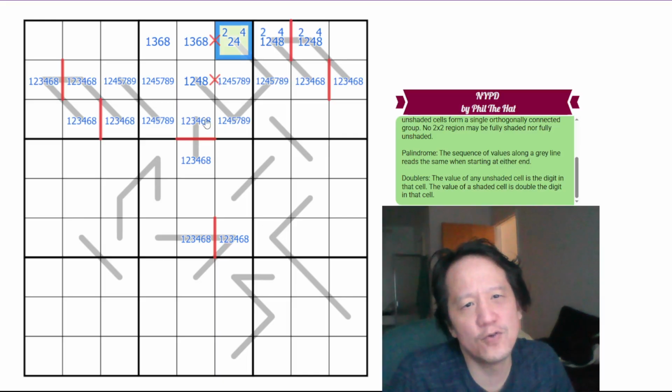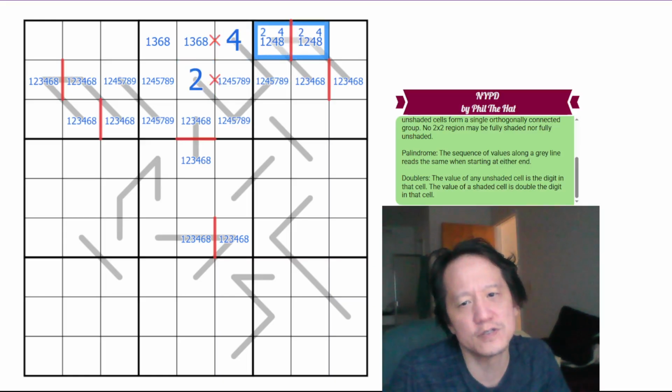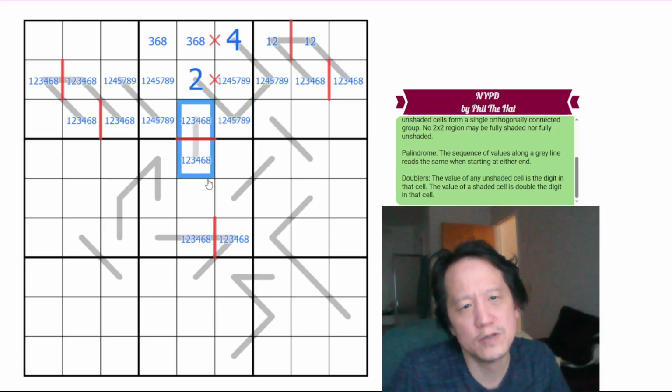If this is 4 and 2, that's one thing that I kind of wanted to test also. If this is 4 and 2, that forces this to be 1, 2. This can't be 1 here. This cannot be 1 and 2 here. This can't be 4. It's a 3, 6, 8 triplet. That means this can't be 2, 4, 8.